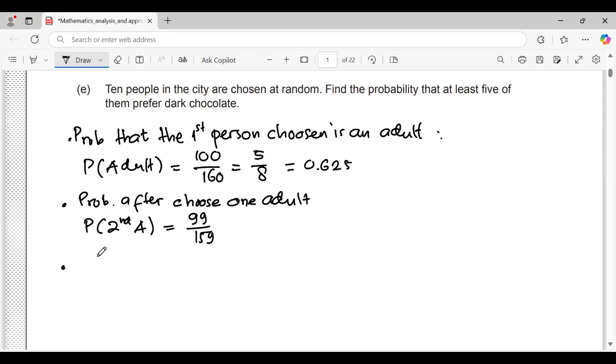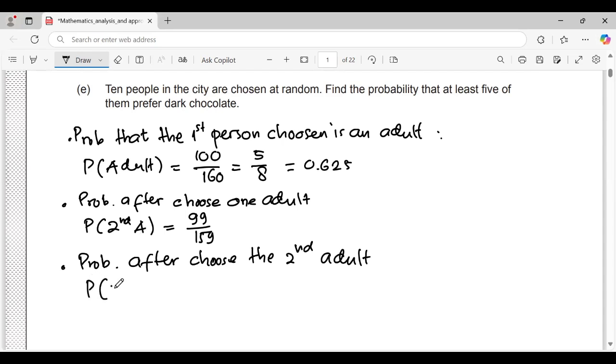The third, after choosing the second adult: there are 98 adults left and 158 people in total.